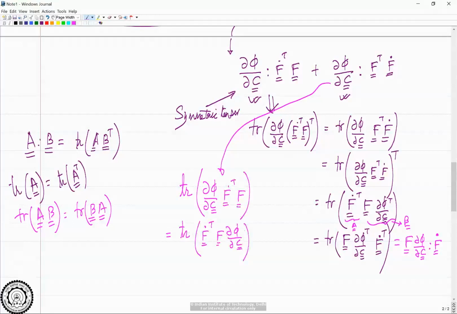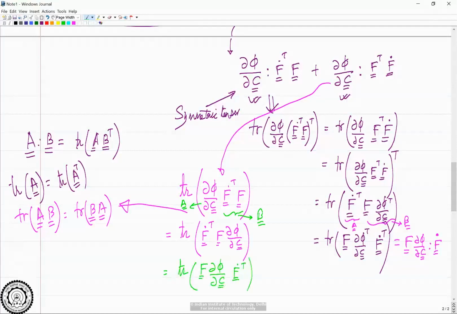Why is that so? What did I use in coming here? I have used this property, where this thing here is B and this thing here is A. And finally, this is the same as trace of F del phi by del C into F dot transpose.